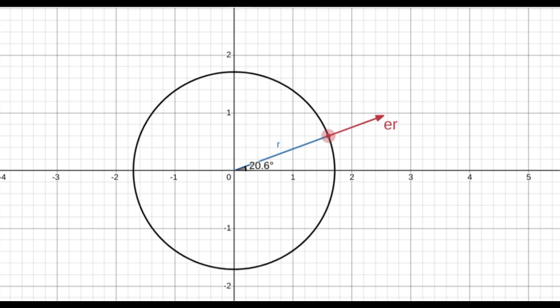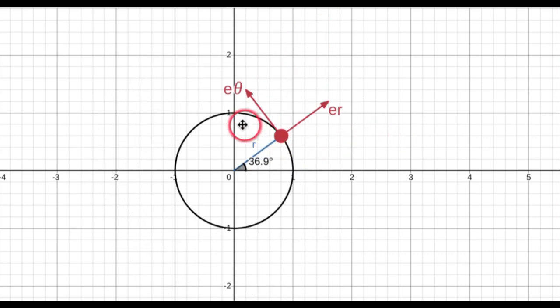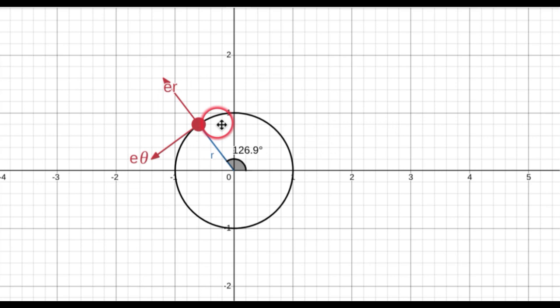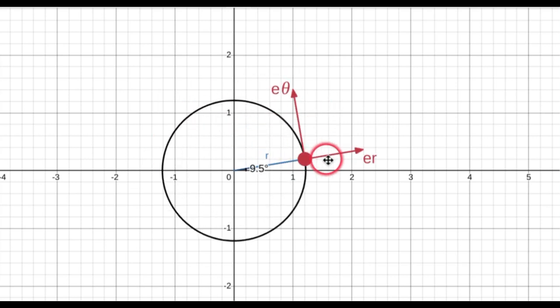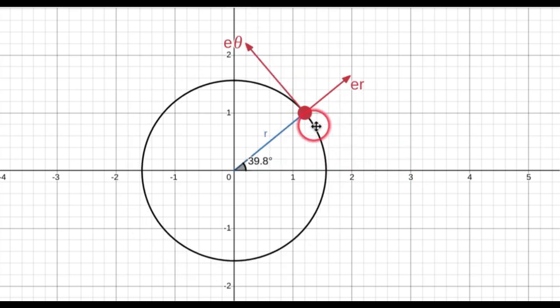I'm sorry, I'm so disorganized. Here it is. There it is. Okay. E theta is orthogonal to ER, and E theta changes length and direction. So it does both. And the magnitude of E theta is always equal to R. You see here, R is 2 and E theta is 2. So that's something unique about it.